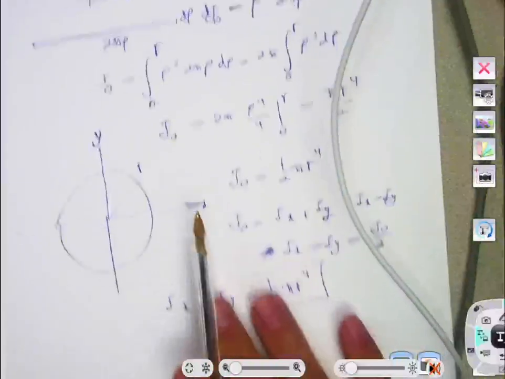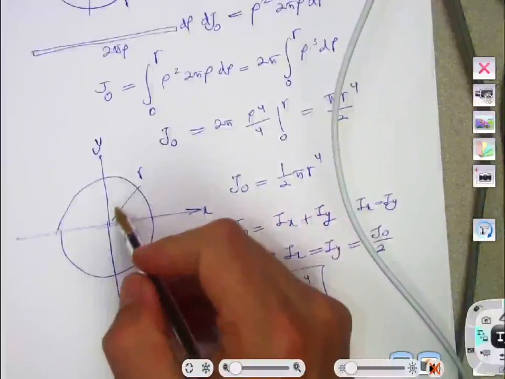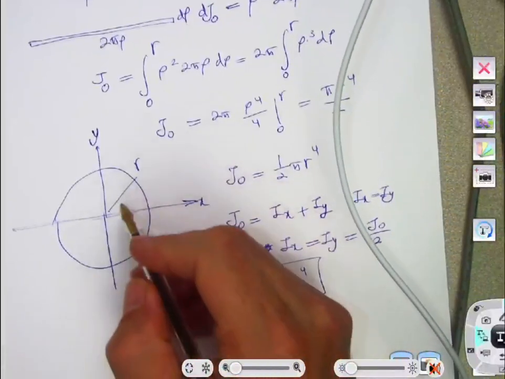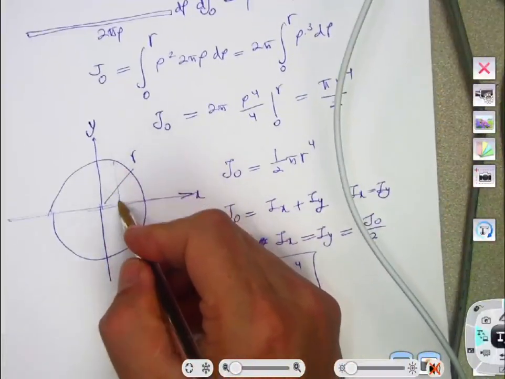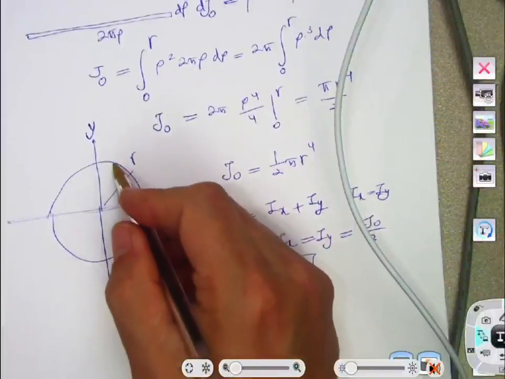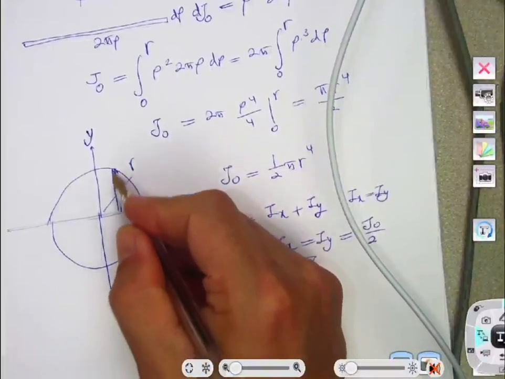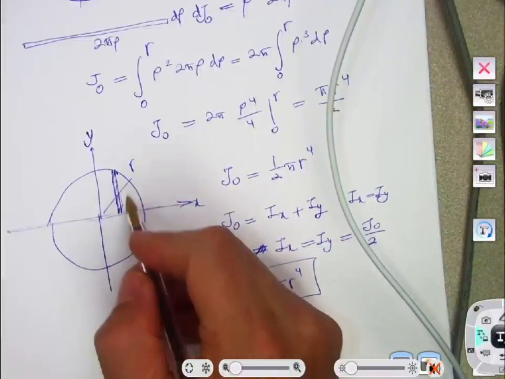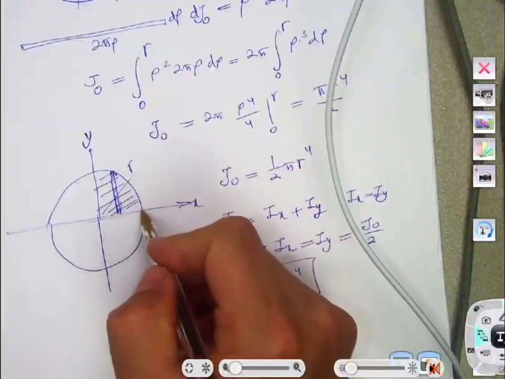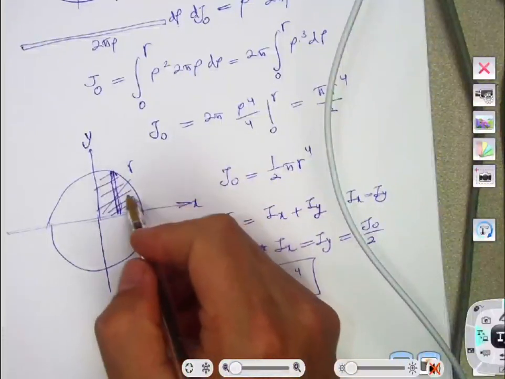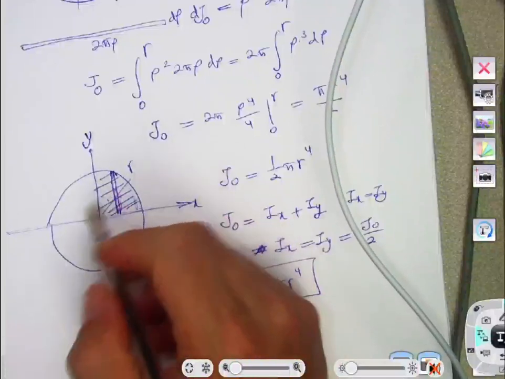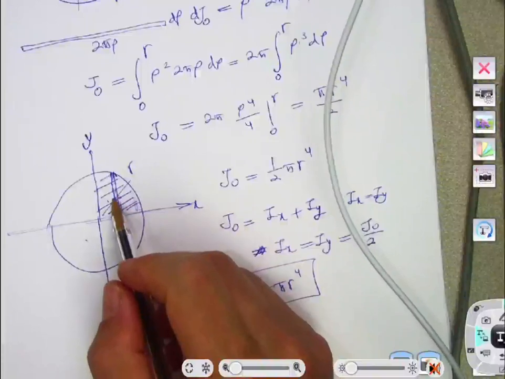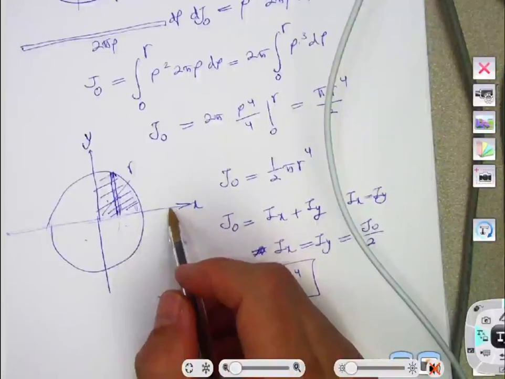So this is a good, useful formula we found. With this trick I avoided doing an integration for Ix or Iy. You could do it the other way, taking differential elements like this and finding the moment of inertia about the x-axis for this quarter circle, and then multiplying by 4 because they are distributed about the x-axis in the same way.